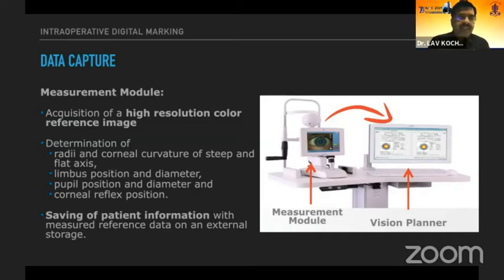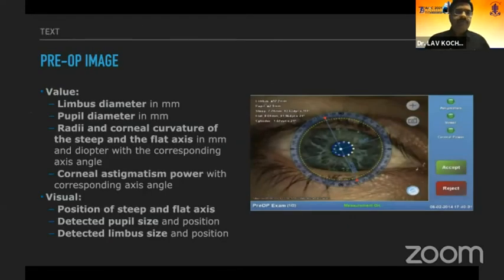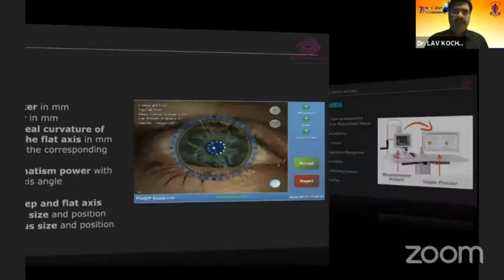The machine determines the radius, the corneal curvature of the steep and flat axis, limbus position and diameter of the cornea, pupillary position and diameter, and the corneal reflex position. So the patient information is saved, and this is the pre-op image that we take.